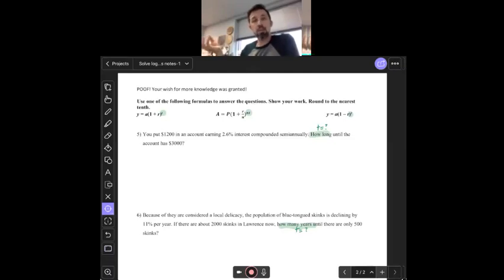Money, populations, all these people use this math as part of their understanding of their life or their job. Certainly plenty of jobs don't do this, but lots do, so this is a very applicable type of math. It's important for you to see some of that, so that's why we're looking at this.